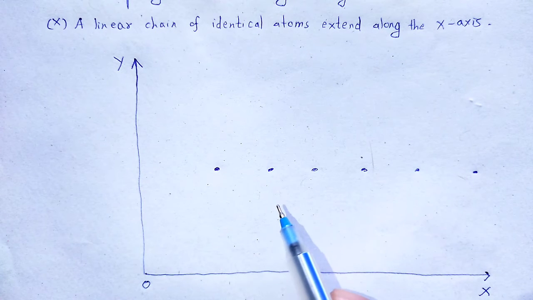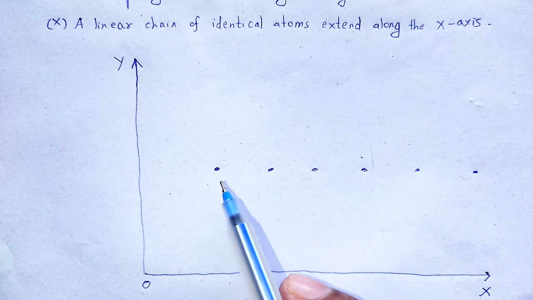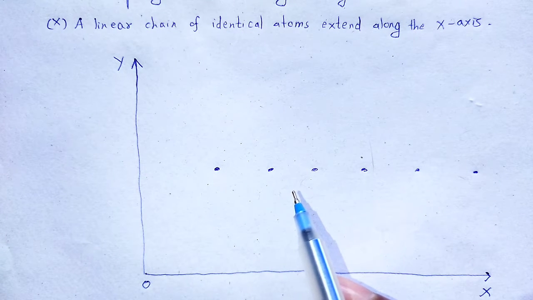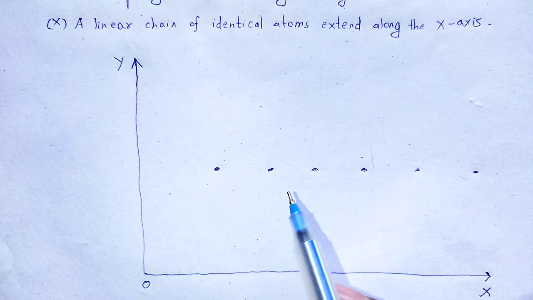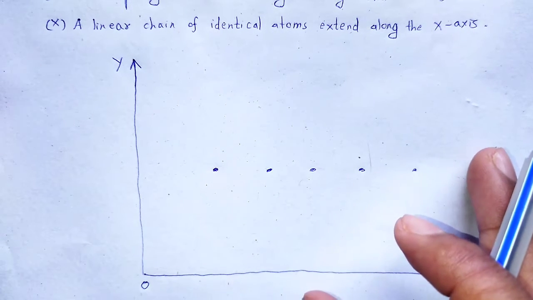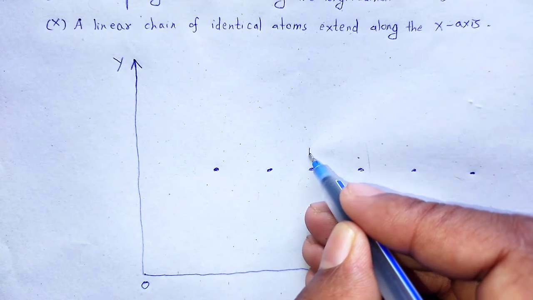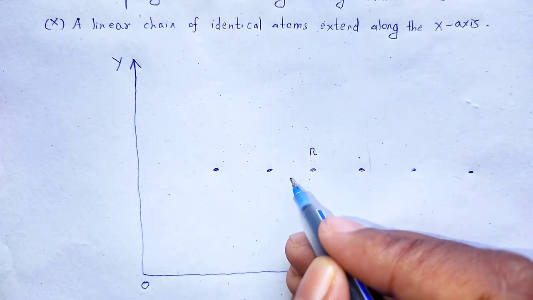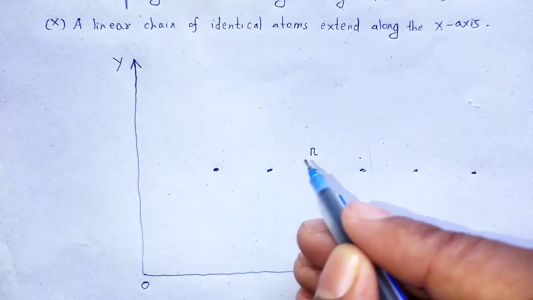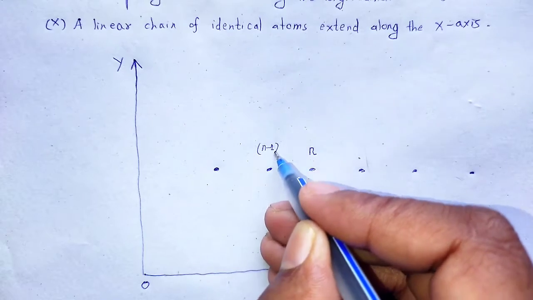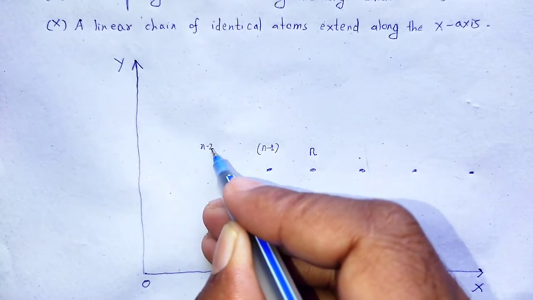They are arranged monoatomic. Throughout the entire crystal there will be the same atom. If we consider one to be the nth atom, then its neighbor atoms are the n minus 1th atom and n minus 2th atom.